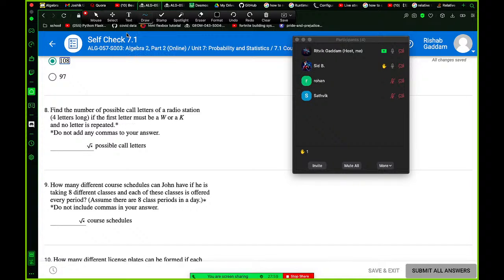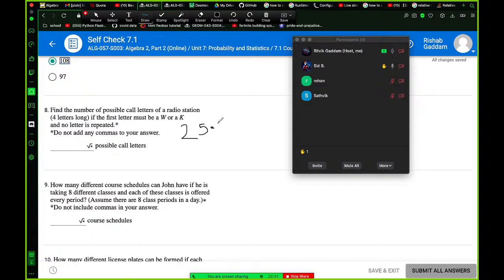Okay, so there's 26 letters total, and this one has to be a W, so the first one has to be 25, and then the second one is also 25, because there's still 25 options left.